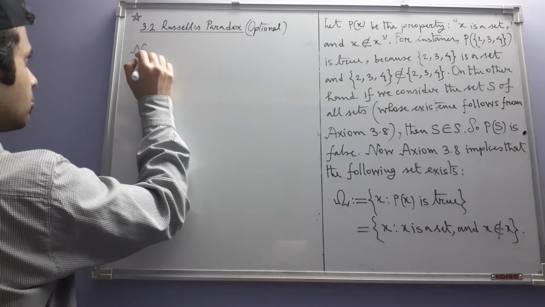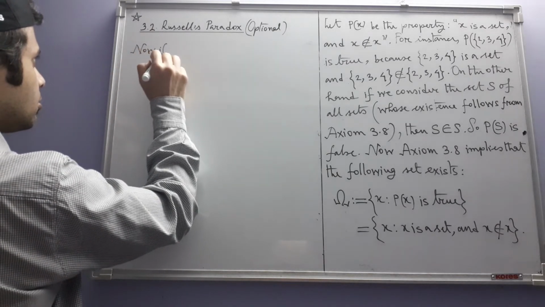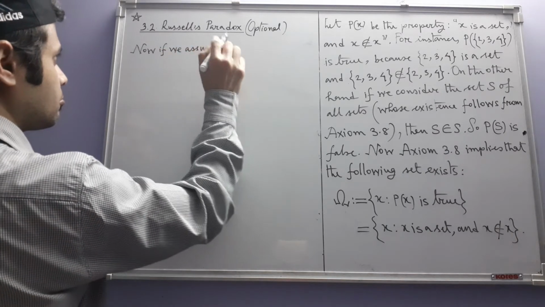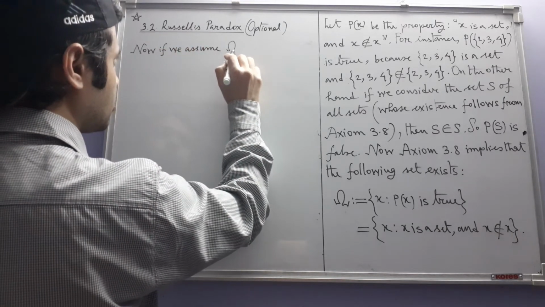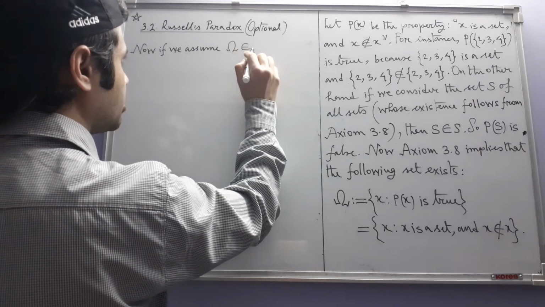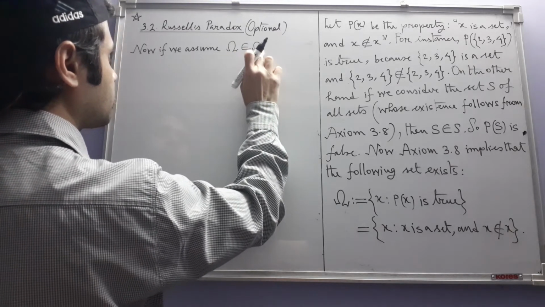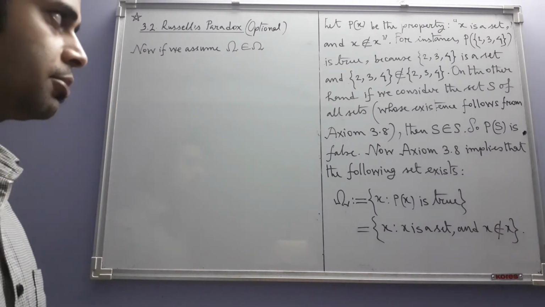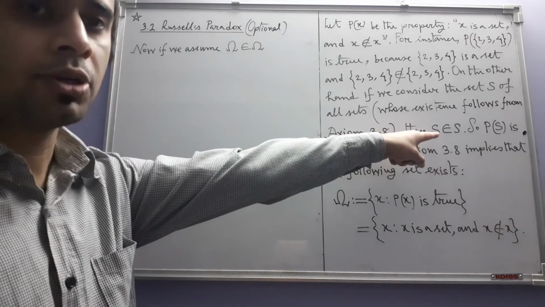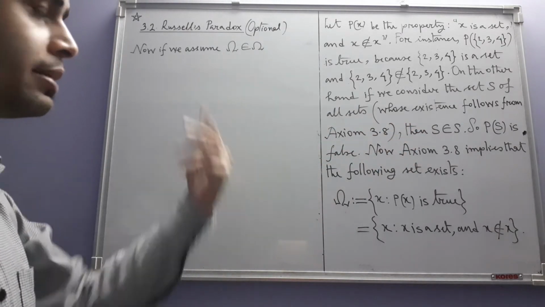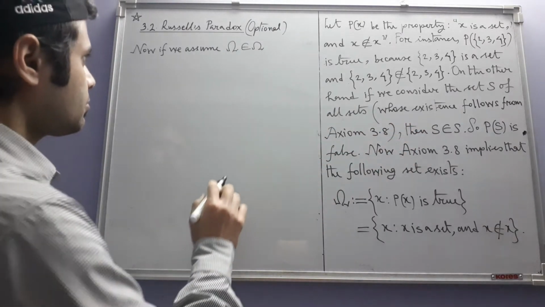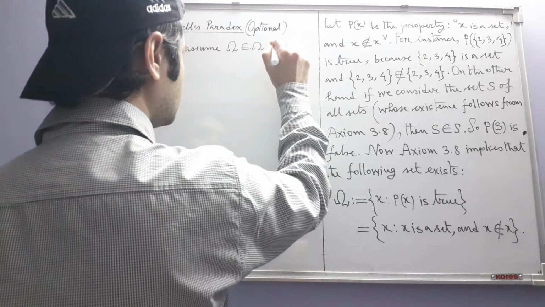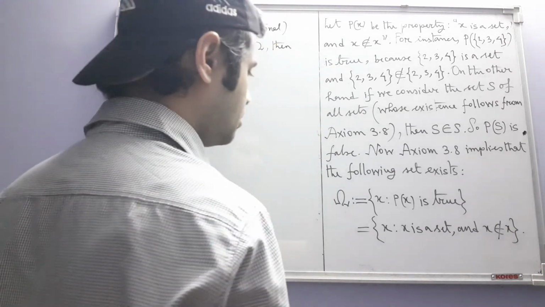Now, if we assume that omega belongs to omega, okay, suppose we are assuming that omega belongs to omega, because we have seen one example of such a set. Who knows, maybe omega is an element of omega. Then what?